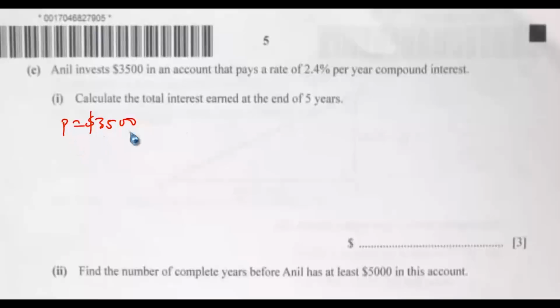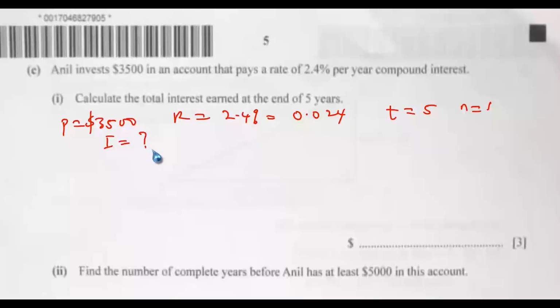Then the rate is 2.4%, which is the same thing as 0.024. Then the time t is equal to 5 years, and n, the number of times the interest is paid per year, is once a year. Then we want to find I, the interest, so that's what we want to calculate.